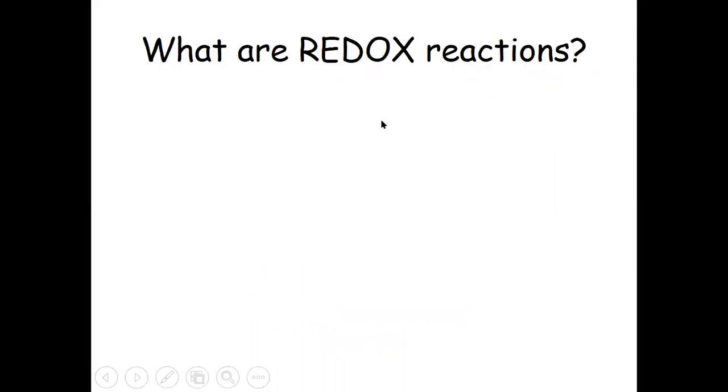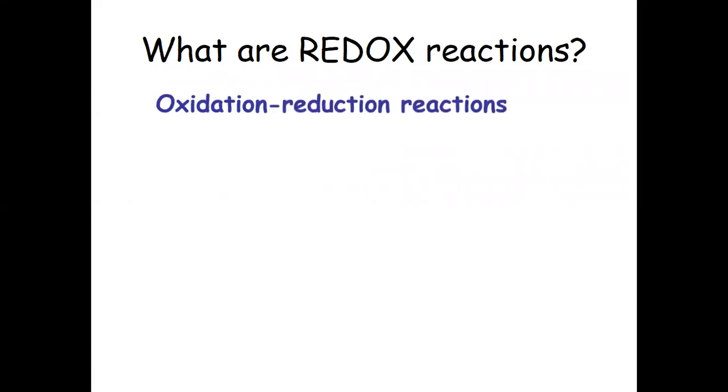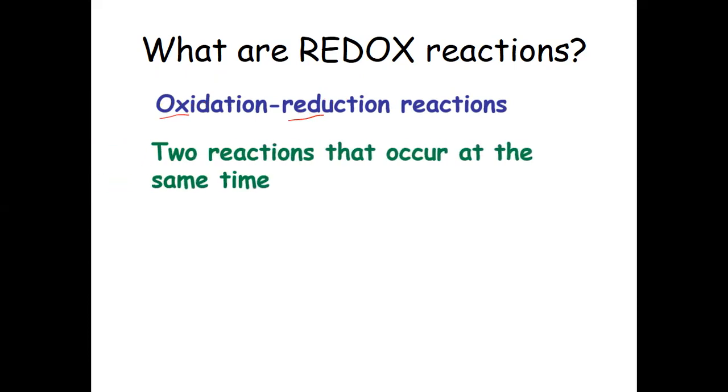All right, so what are redox reactions? Redox reactions are called oxidation and reduction reactions, right? So we have the ox in redox, and RED, so reduction and oxidation. And the two reactions occur at the same time.